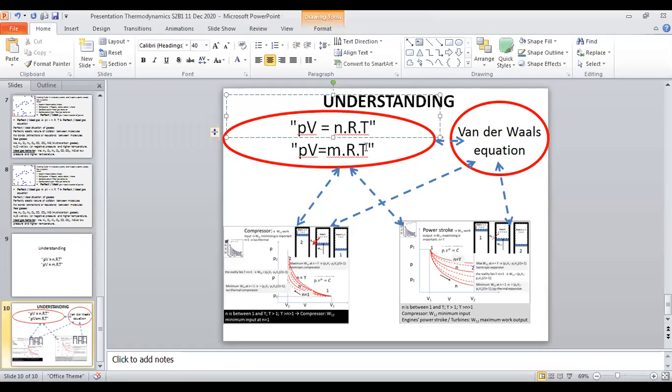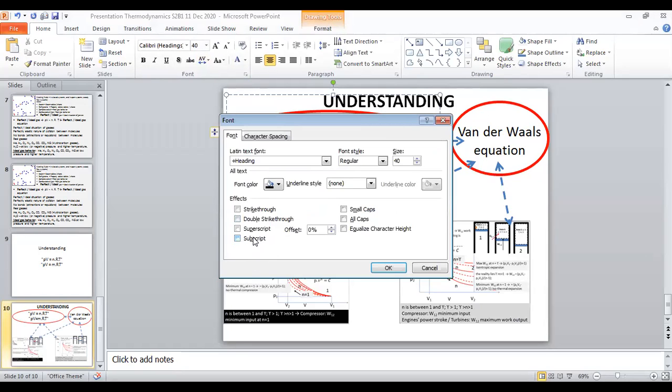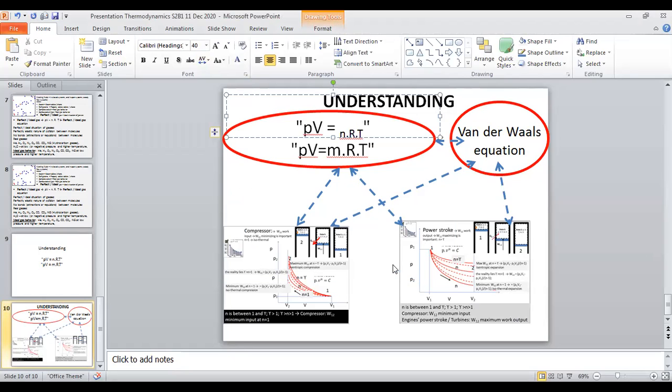Okay, so let's say this is R_U. Okay, R_U.